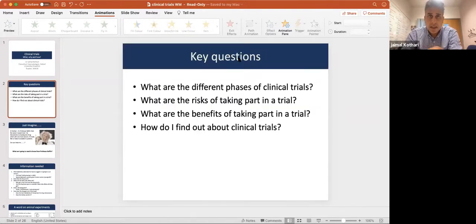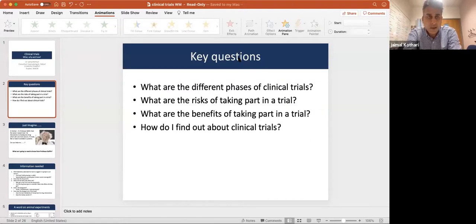So the key questions that one needs to think about are, what are the different phases of clinical trials? Because people use terminology like phase 1, phase 3, phase 4 very interchangeably sometimes, and it's hard to know what it actually means. And of course, the key things are, what are the risks to me? What are the potential benefits for me?